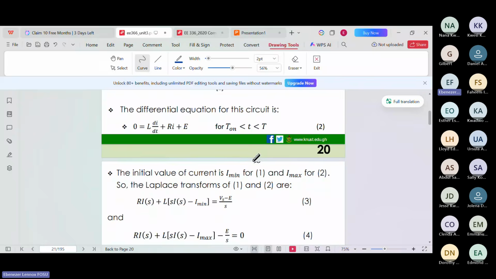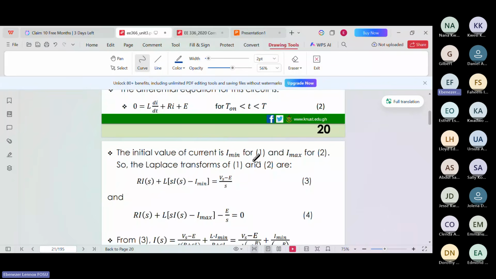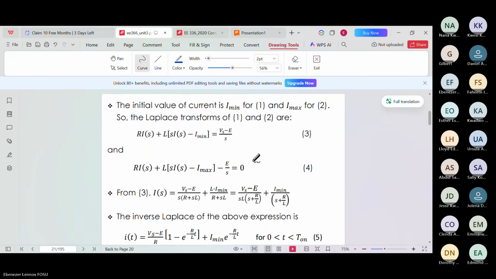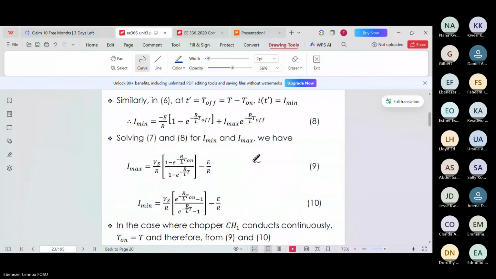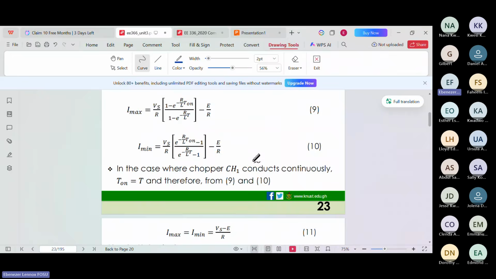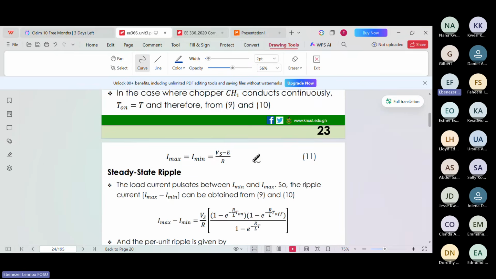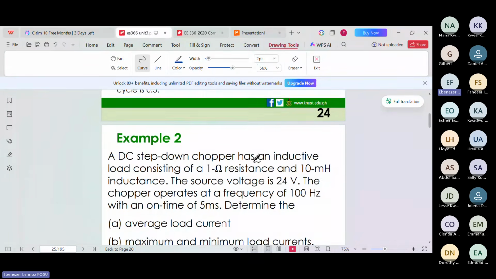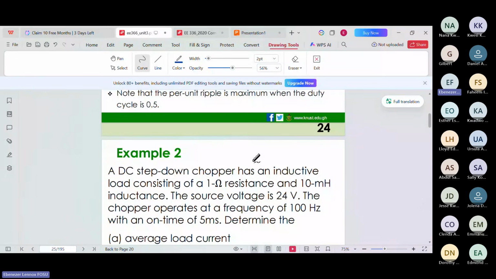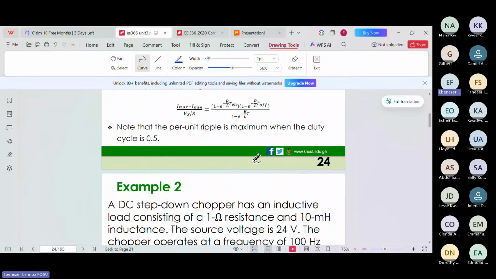I think you've done differential equations, so you can calculate the current and substitute in the value. When you do that, you will end up with this. We just focus on the steady state operation, right? That is how it operates. Please, do you understand?